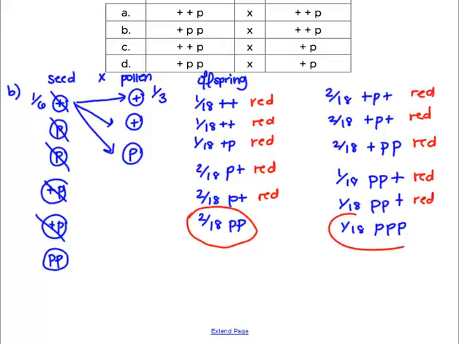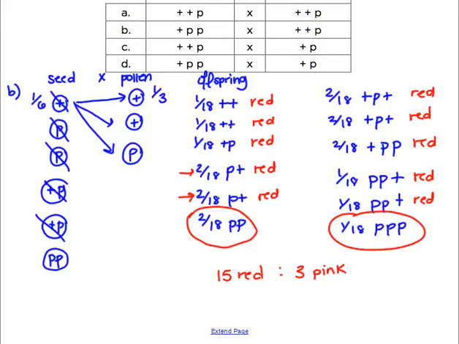And this one's also going to be pink. So now when you count these up, you have 1, 2, 3. Remember to count this twice. So 4, 5, 6, 7, 8, 9, 10, 11, 12, 13, 14, 15. So you have here 15 red to 3 pink.